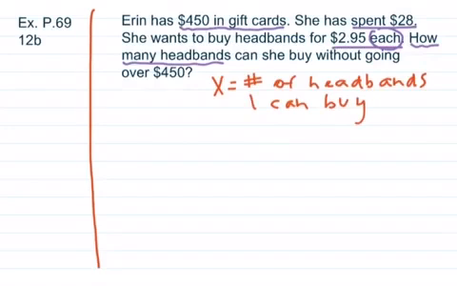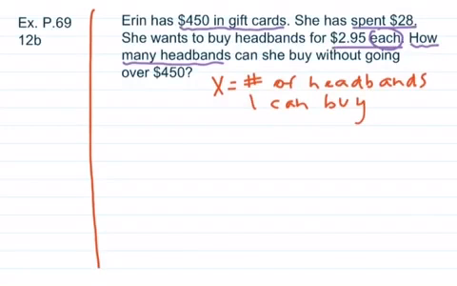Now here's a question. Let's think about this logically. Do I have enough money to buy one headband for $2.95? Absolutely. I've only spent $28. I have $450. I can buy one headband. Could I buy two? Yeah. Could I buy three? Sure. Do you see that there's more than one solution here?